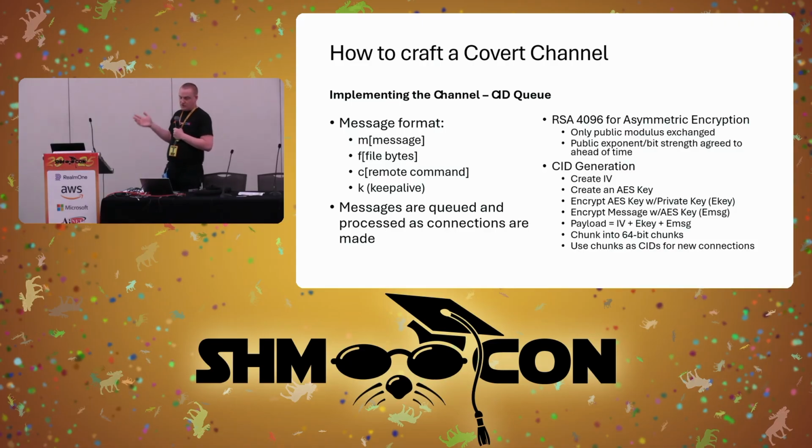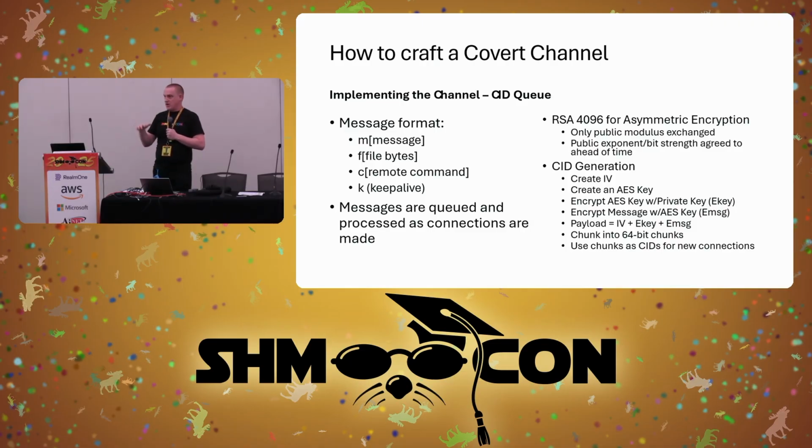So for my message format, it's just a single letter followed by the content of whatever is relevant to that. The letter K is a keep alive, because every single one of these connection IDs in my implementation, and this is a limitation of it, requires that it be a part of an encrypted packet. There can't be a random CID anywhere. I used AES and RSA 4096-bit, and actually implemented a key exchange.